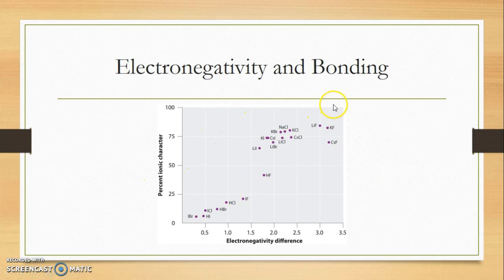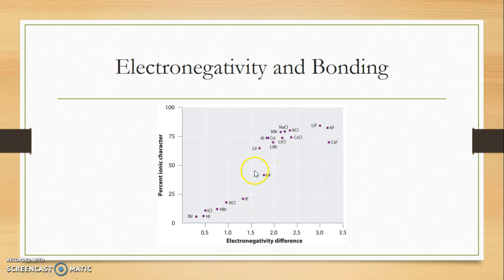So you can see there's a very clear relationship between the electronegativity difference and whether it's an ionic bond or not. The compounds that are ionic tend to have a big electronegativity difference, and the compounds that are covalent tend to have a low electronegativity difference.